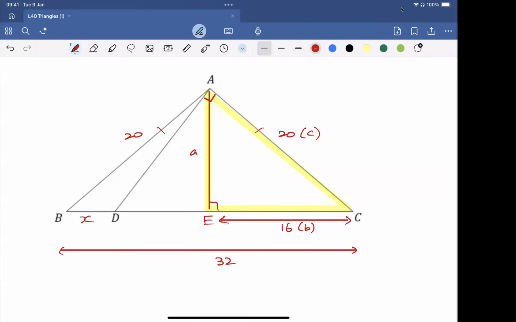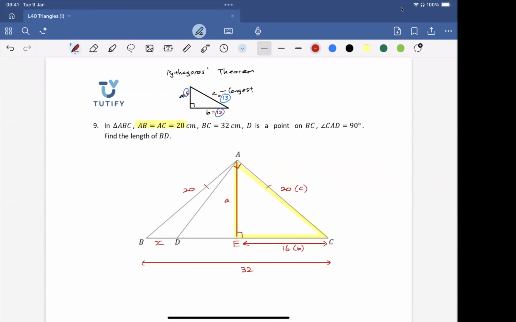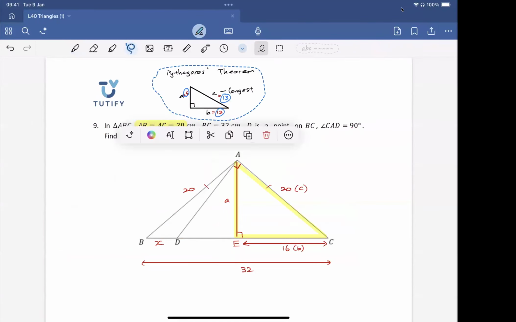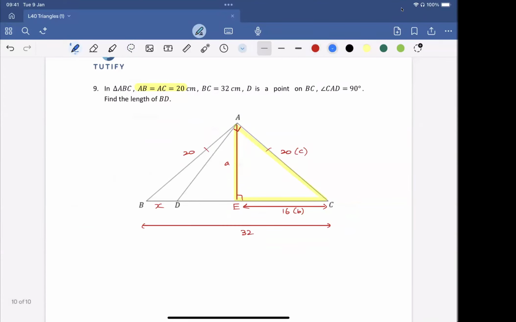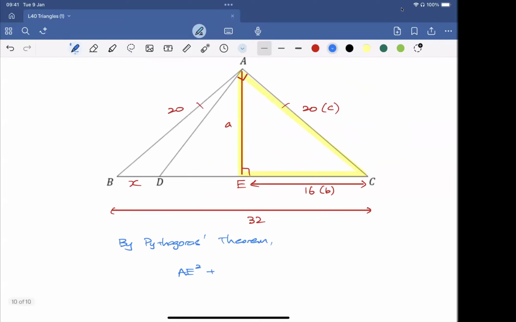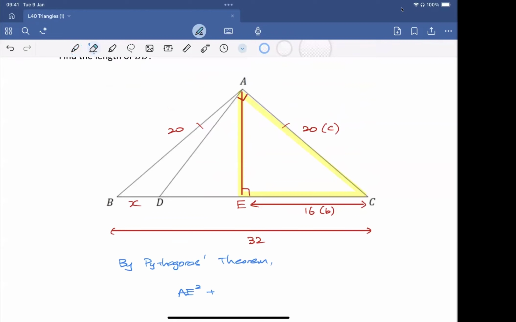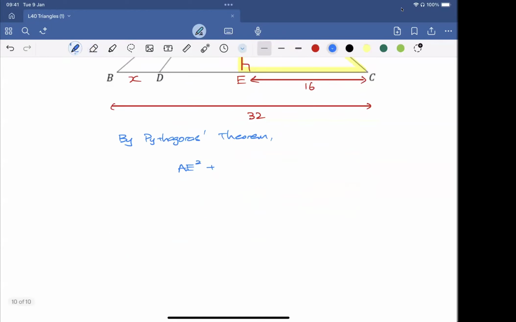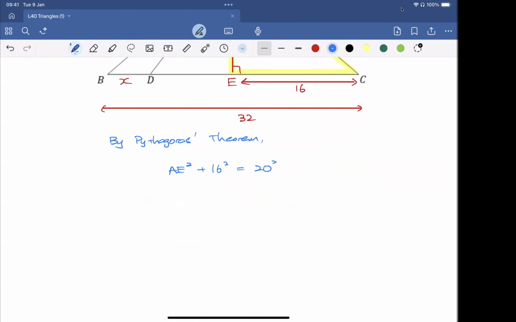Well done, everyone. You got it. The answer is 12. So how did we get that? We are just going to write down the workings. By Pythagoras theorem, we know that AE squared plus 16 squared equals 20 squared.